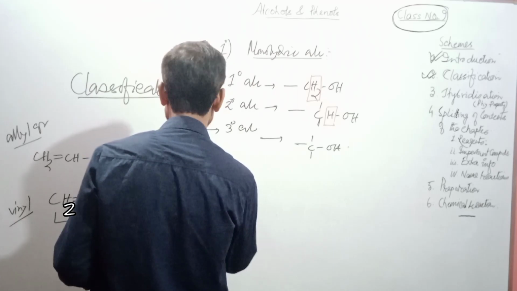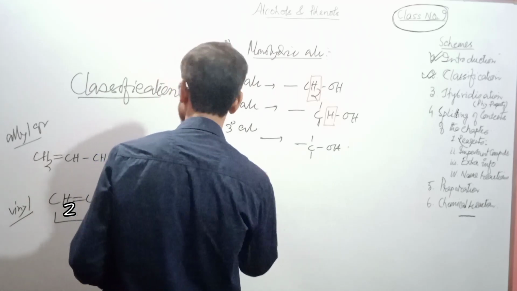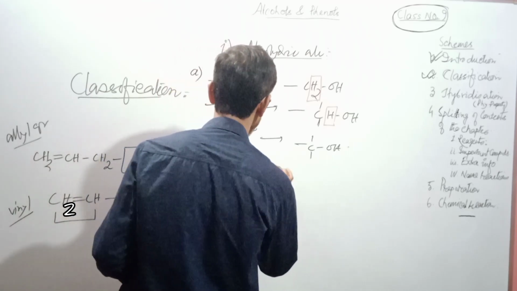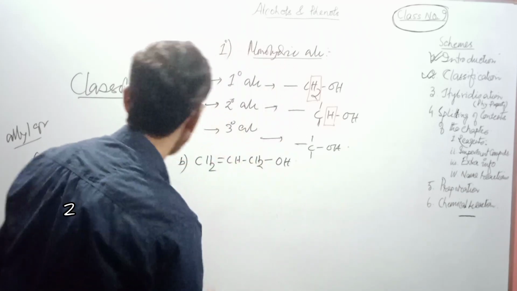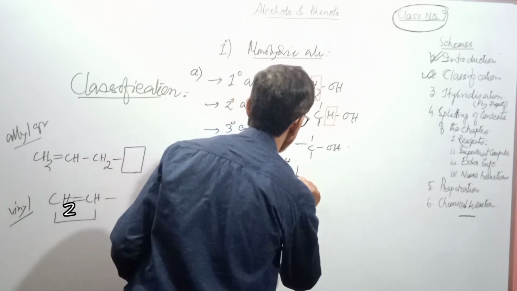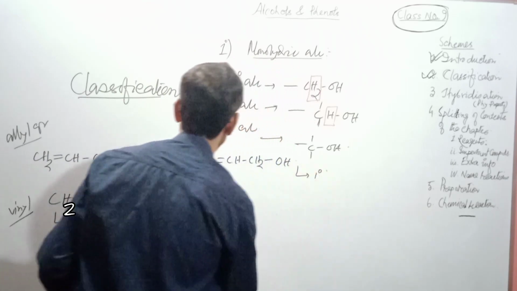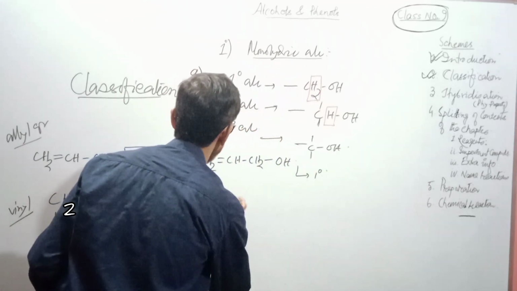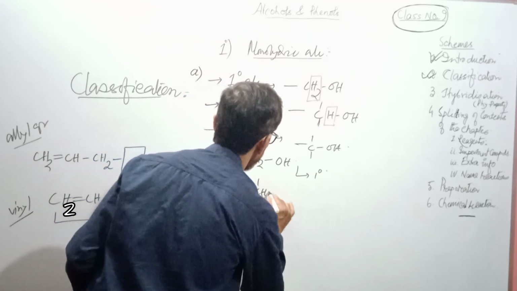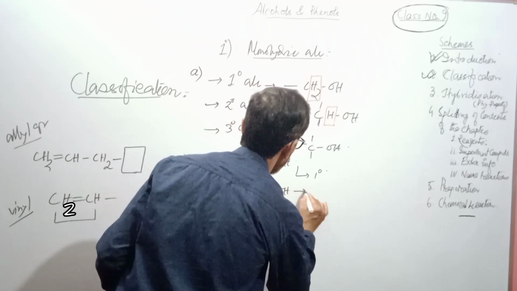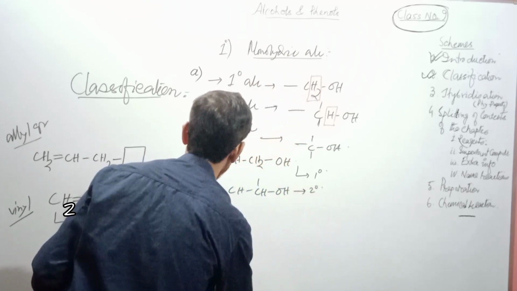Let's see. CH2 double bond CH2OH is 1 degree. Then CH2 double bond CHOH is 2 degree.